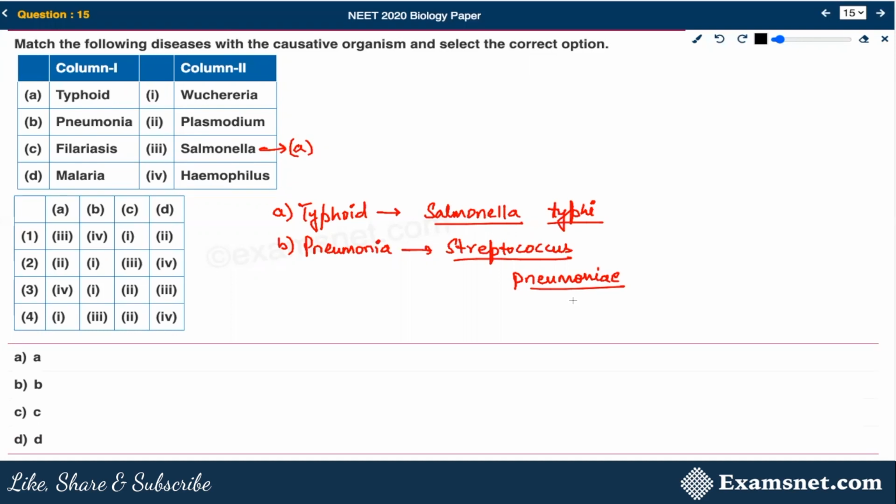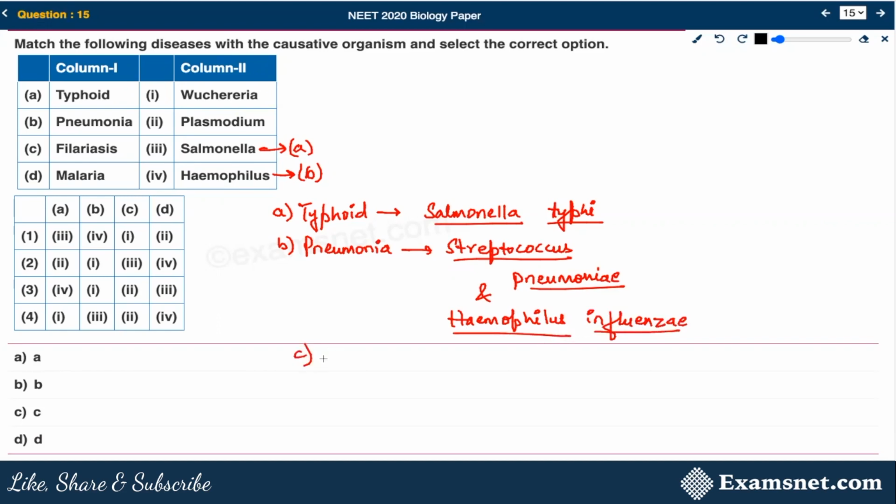So that is being involved, both of them. And so this pneumonia will go with Streptococcus has not been given, but Haemophilus is being given. So this will go with option B. And it is also caused by Haemophilus influenzae. Clear? This is the case.